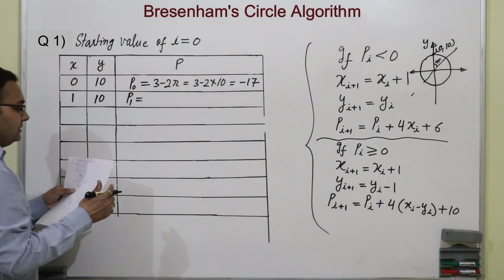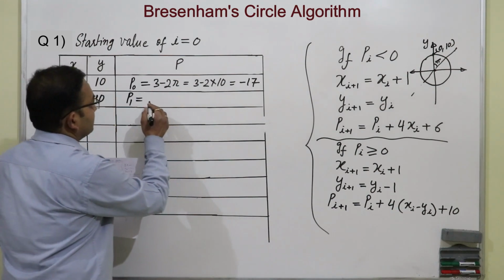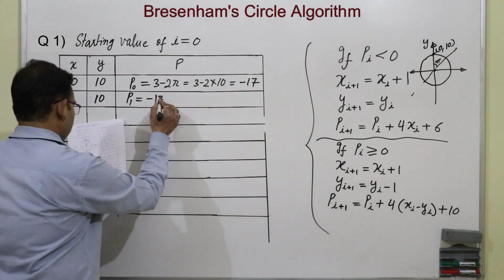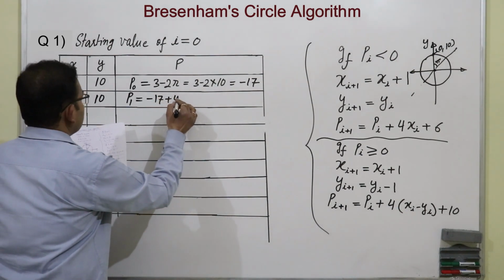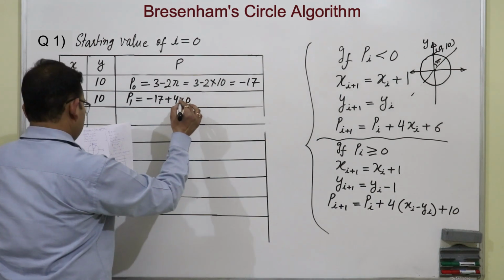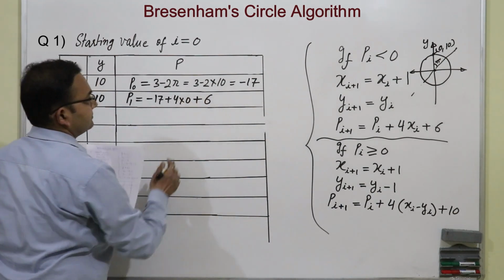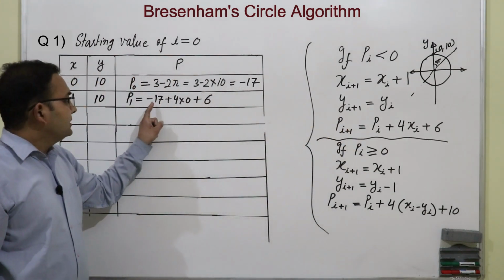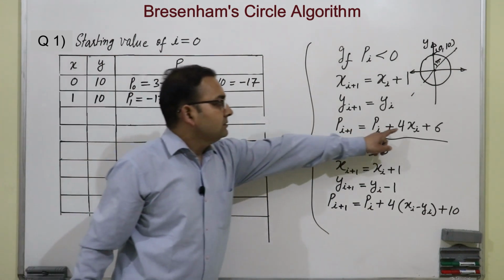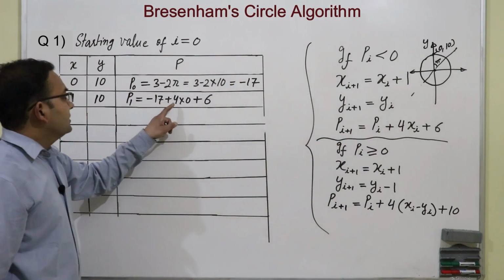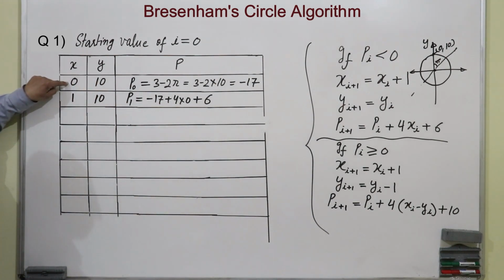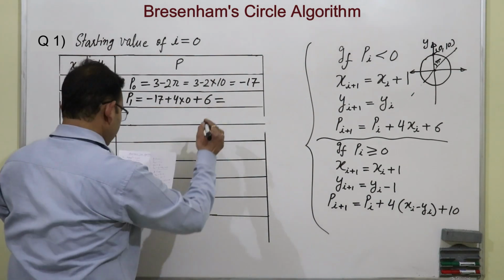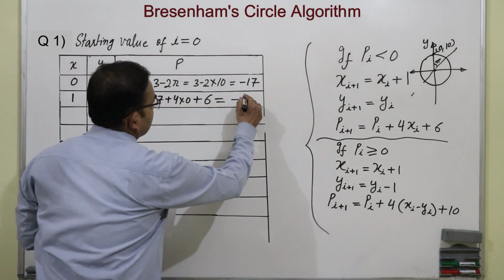So, P1 equals minus 17 plus 4 into 0 plus 6. Pi is minus 17, 4 into xi plus 6. So, it will be minus 11.